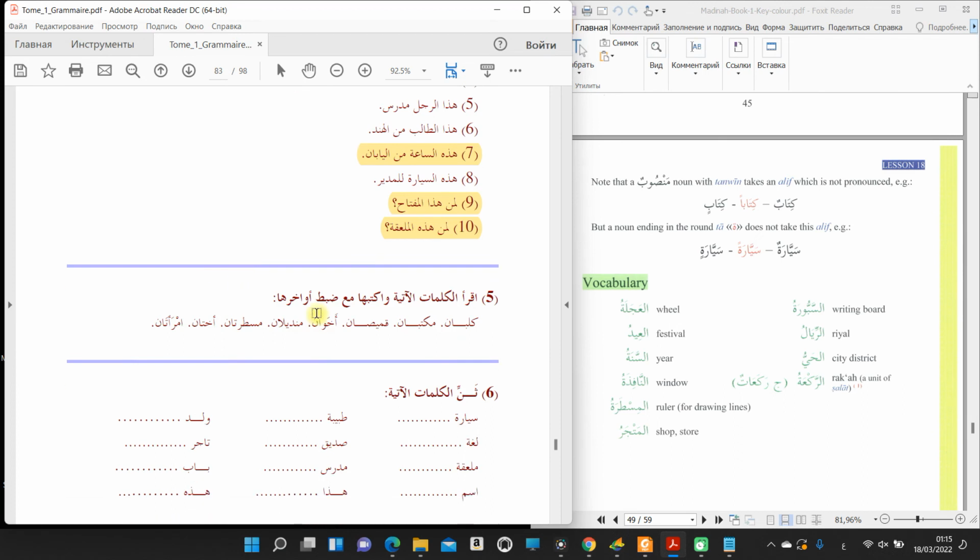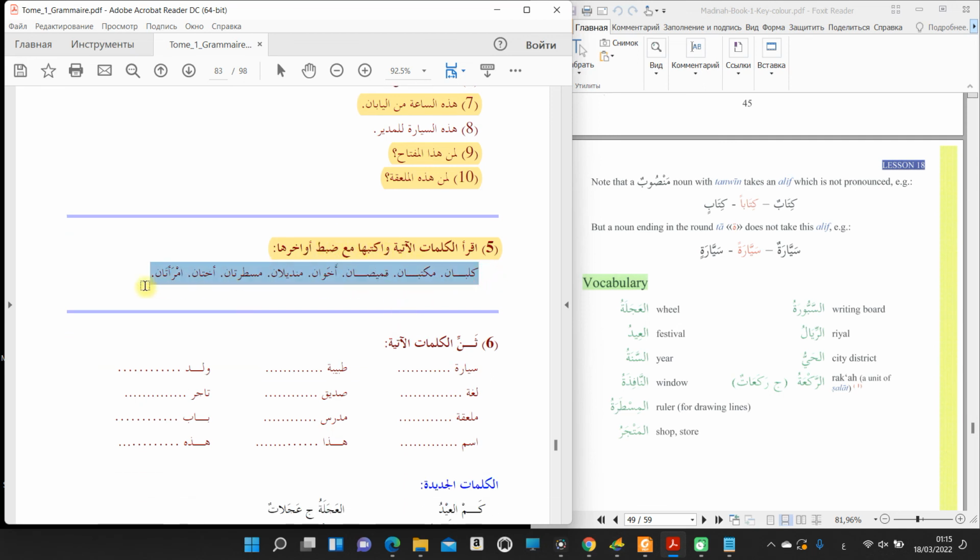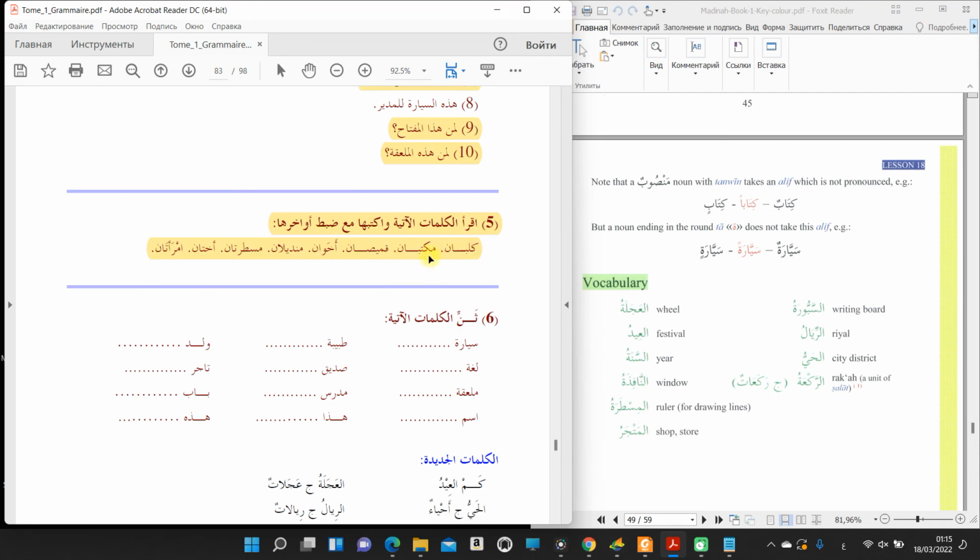That's how it is. Okay, exercise number 5. اقرأ الكلمات الآتية واكتبها مع ضبط أواخرها. We need to read these words and place the harakat in the end of these words.